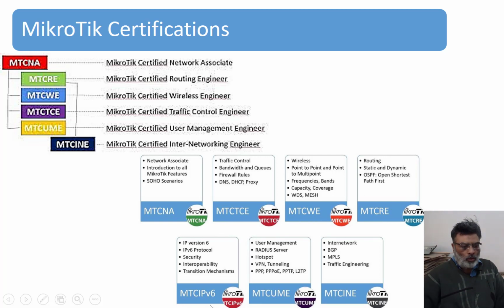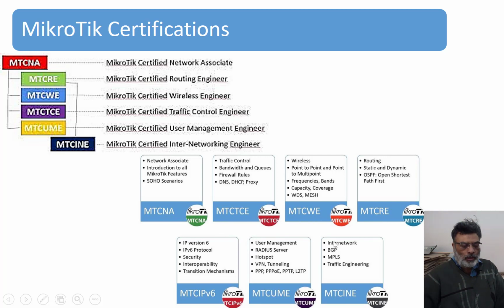After that, there is a new certification which is called MTCIPv6. Basically, this is related to IP version 6. This is also a very good certification, and beside this, there is another certification which is called MTCUME. Basically, in this certification, we will discuss VPN tunneling and different types of RADIUS server which are used for user management.